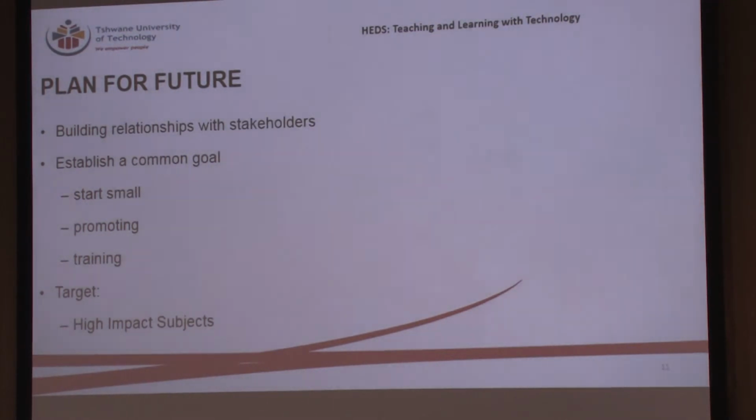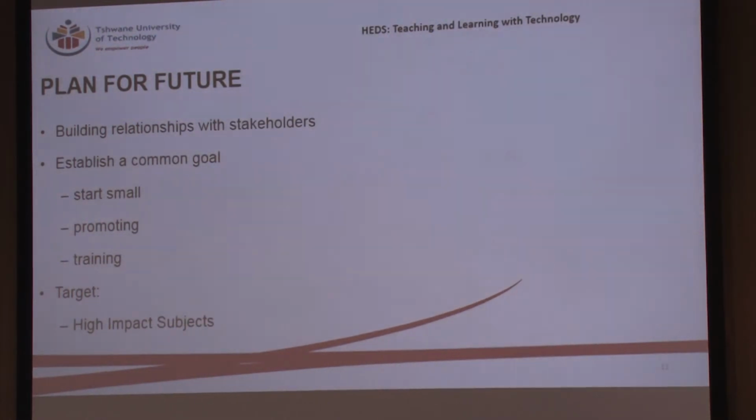Now, the plan for the future: we thought we need to build relationships with campus stakeholders, that is, with student affairs and the SDS, student development support, because currently they are the ones sitting with this problem of motivating students at risk.